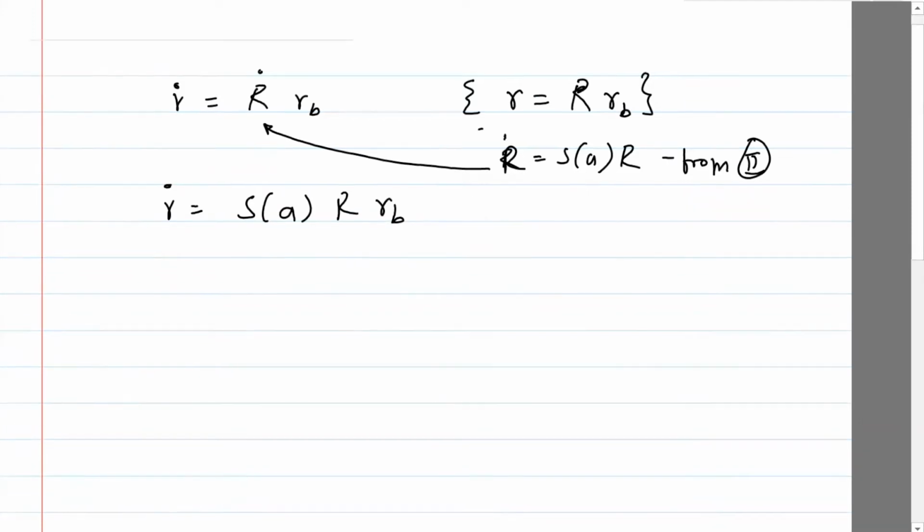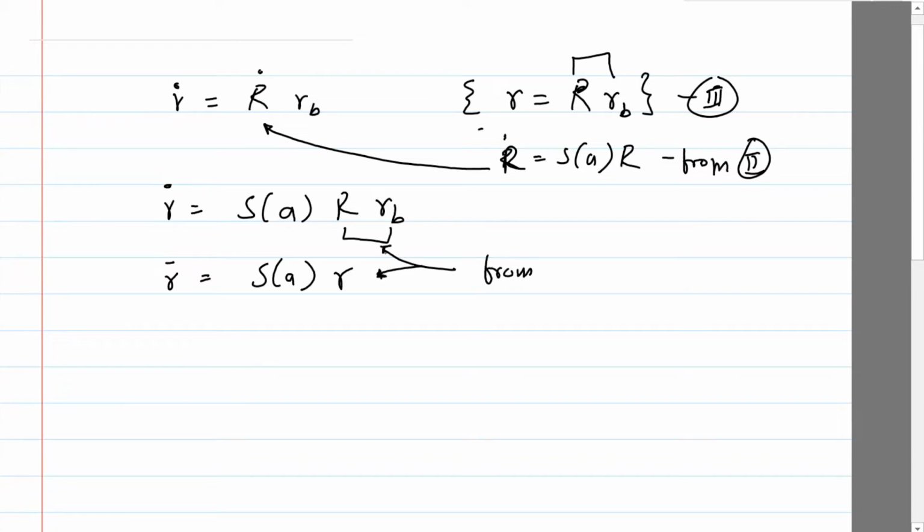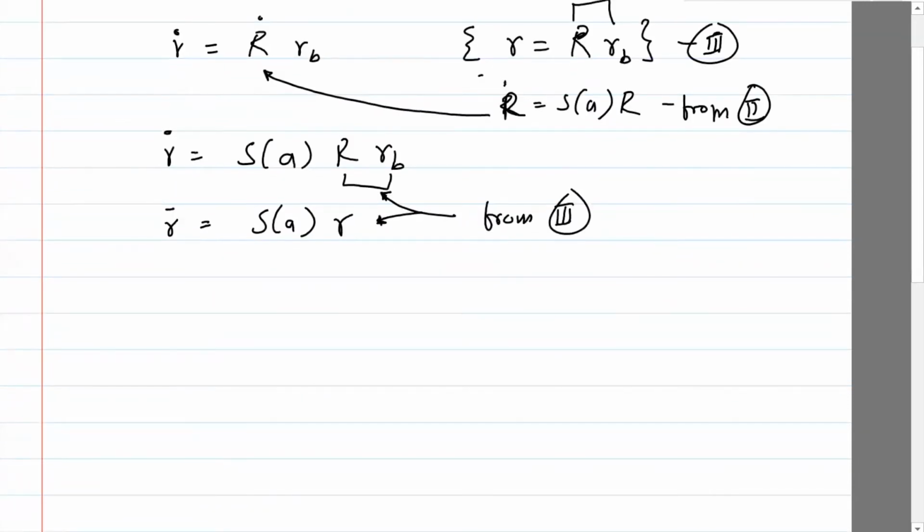Now what you notice here is that R times RB is simply small r. So I write it down from 3: small r dot is S of A times small r.